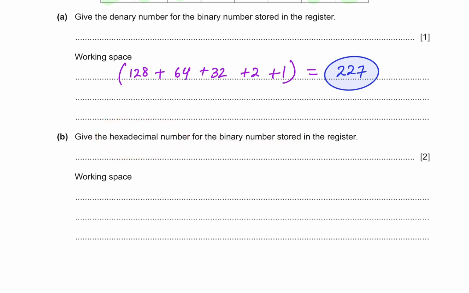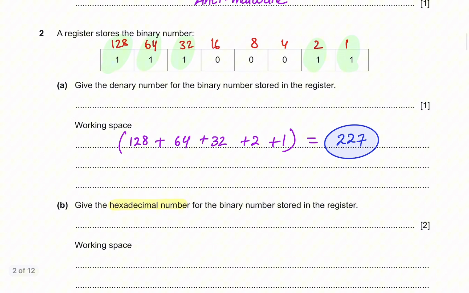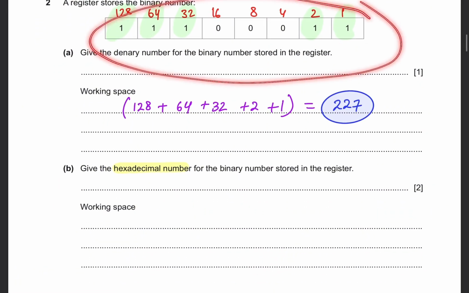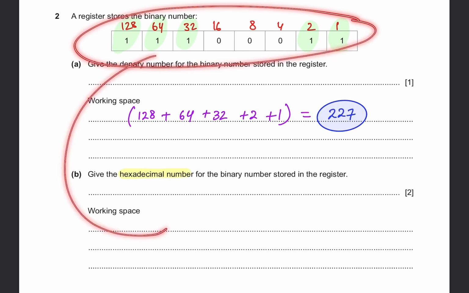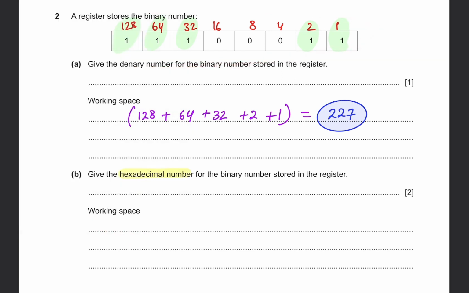Now you have to give the hexadecimal number for the binary number which is stored. Hexadecimal is really easy. It's talking about this binary number which is stored. First thing I would suggest you to do is copy this number as it is down here. It is 1, 1, 1, 0, 0, 0, 1 and 1.